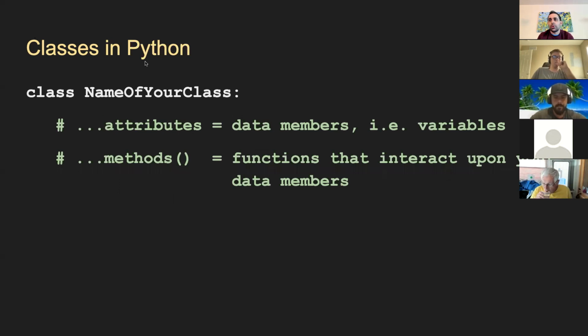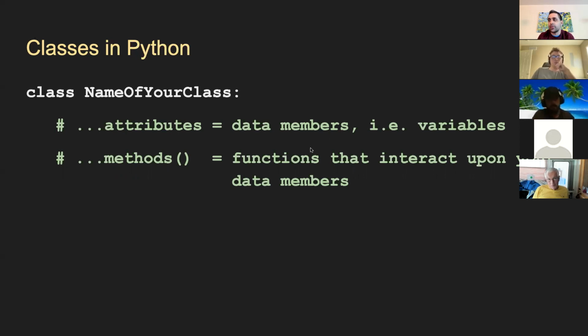Okay, so going deeper into what classes are, as we talked about, classes only have two main sides to them. They have attributes and they have methods. Attributes are just data members or variables that your classes have bundled together. For a user class I might create, I might have a string that represents my name, an integer that represents my birth date, and maybe another integer or a string that represents my social security number.